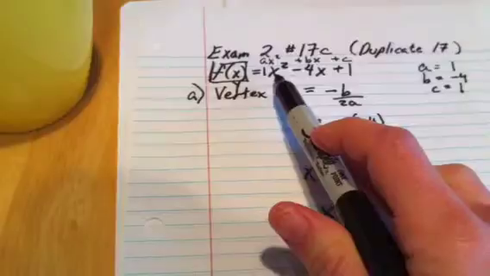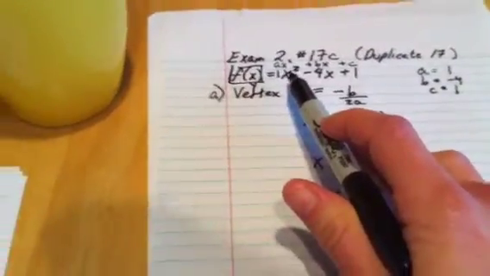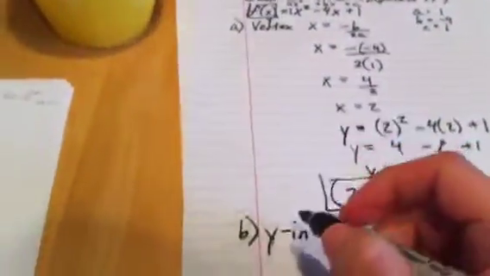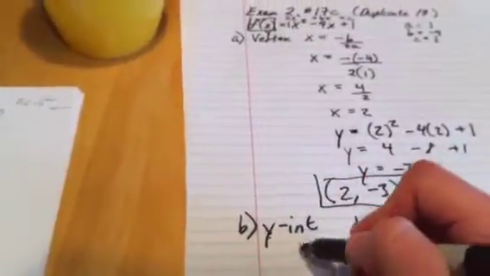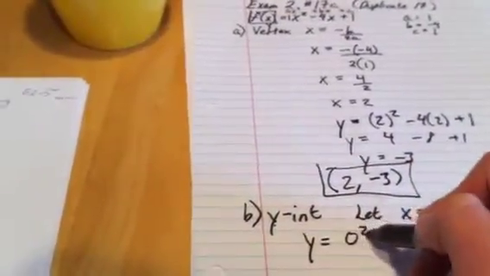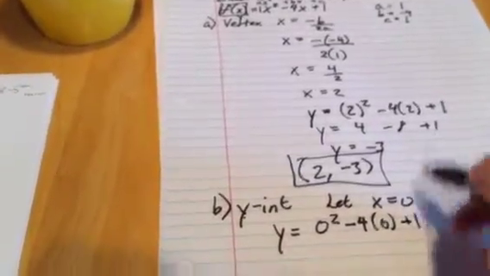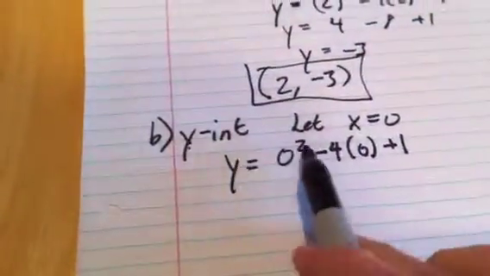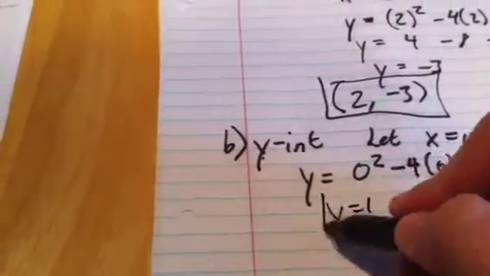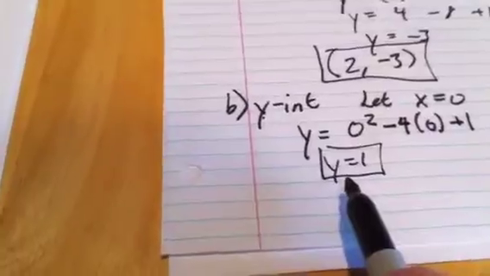So plug in 0 for the x, and y will equal 0 squared minus 4 times 0 plus 1. So basically 0 minus 0 plus 1, y equals 1. That's your y-intercept.